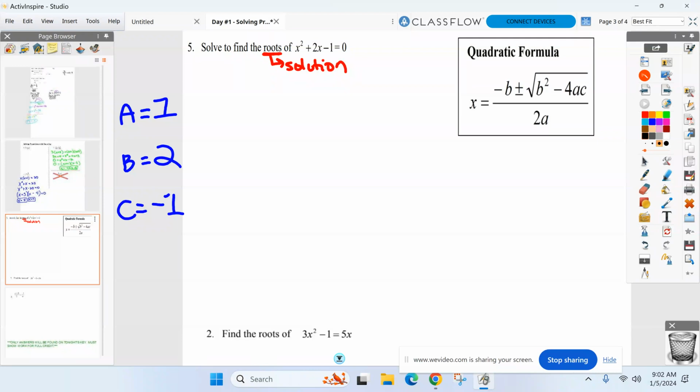All right, ready? X equals, let's go right to the formula. Anytime you plug in a number, I want to see it in parentheses. Negative. What's our B value? I want to see that in parentheses, and I'll tell you why when we're done.